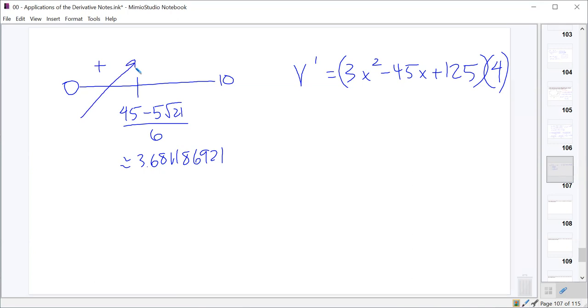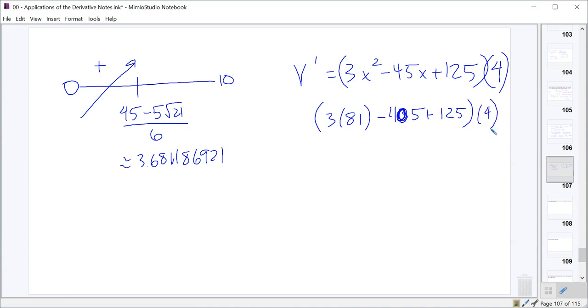And if we were to plug in something like 9, something between 3.68 and 10, we'd have 3 times 81 minus 45 times 9, I'm sorry, not 45 times 3, so that'd be 405, plus the 125, times the 4.